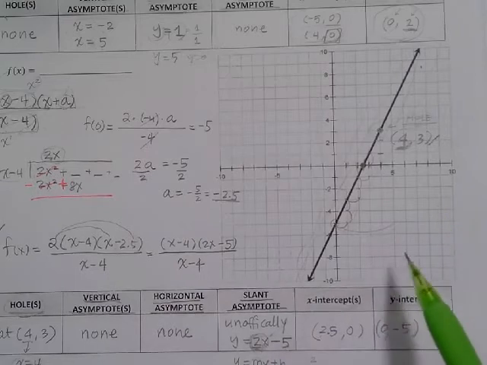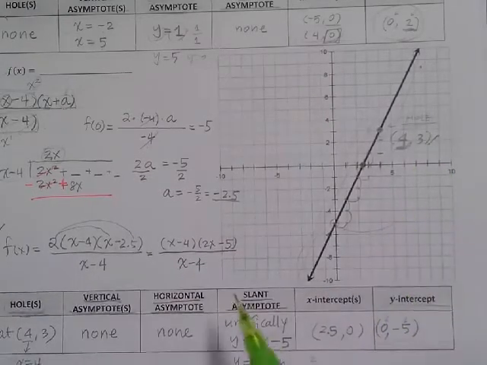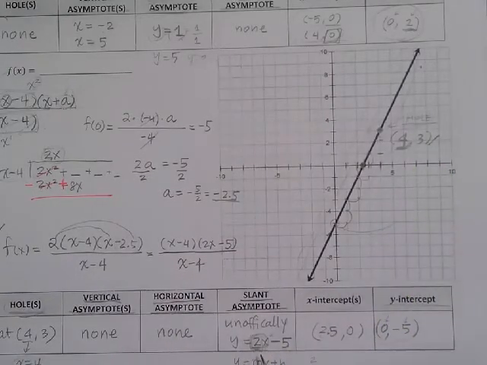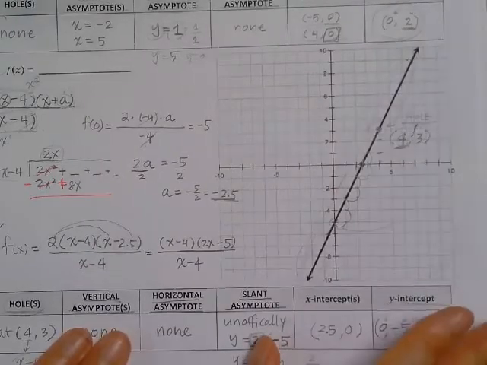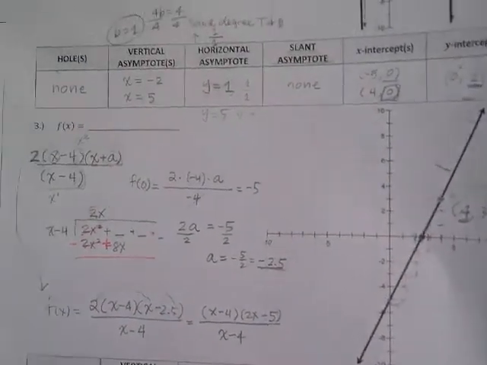No matter how many units you investigate to come up with the slope, it's always going to be 2 for this one. Yeah, it doesn't matter. So its constant ratio is 2 over 1, and that makes the slope 2. Cool? Okay, so then let's move on to number 4.